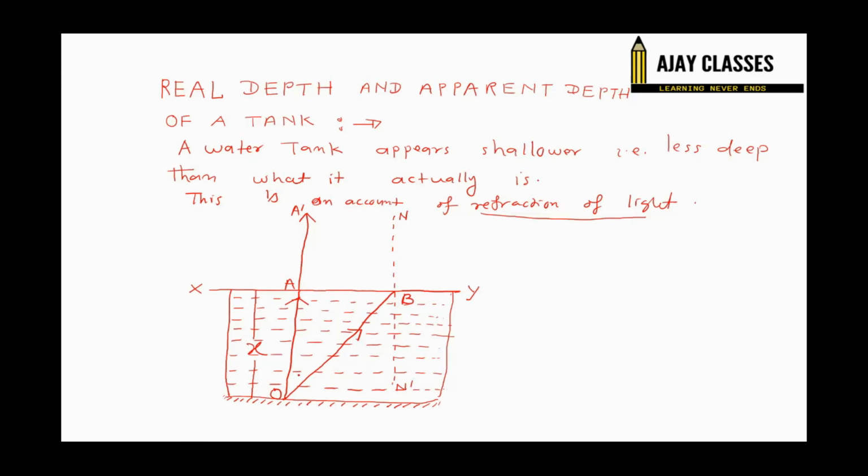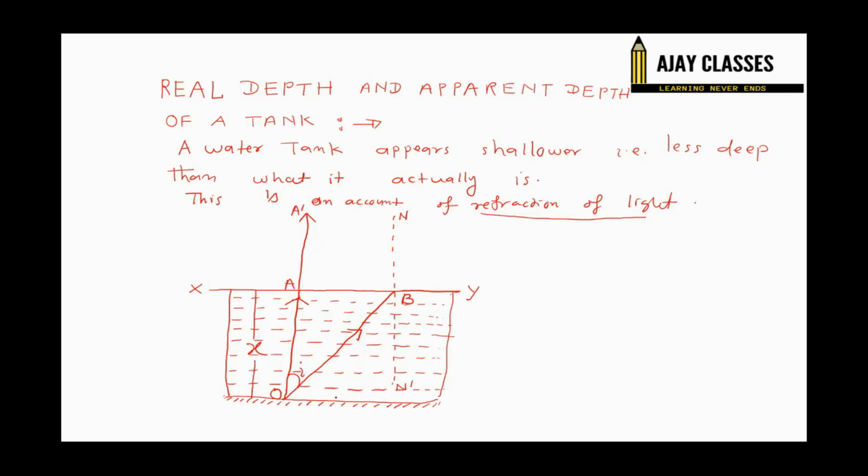Here we see the angle of incidence made at the point O by the incident light travelling in the direction O to A, going up to the point A dash in a straight direction in the rarer medium.